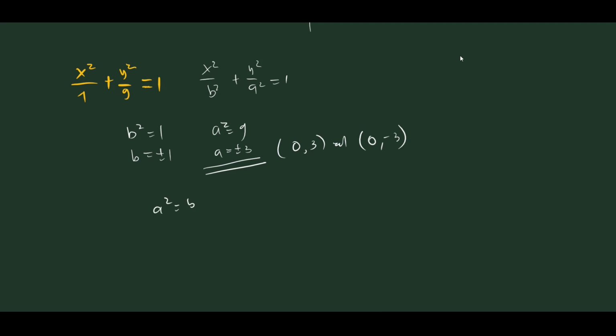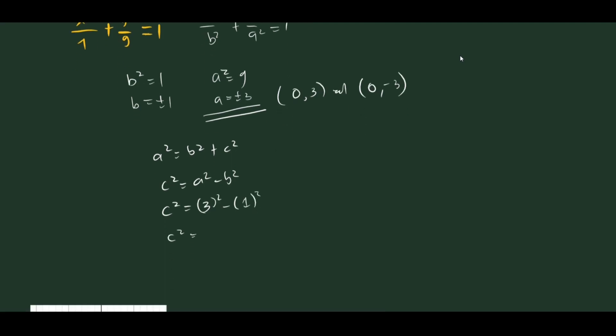Now, if we want to find c, we use the Pythagorean relationship between a, b, and c. So a squared is equal to b squared plus c squared. Now, c squared is equal to a squared minus b squared, and if we substitute the values, we get 3 squared minus 1 squared. So c squared is equal to 9 minus 1, which is equal to 8. So c is equal to positive negative 2 square root of 2.